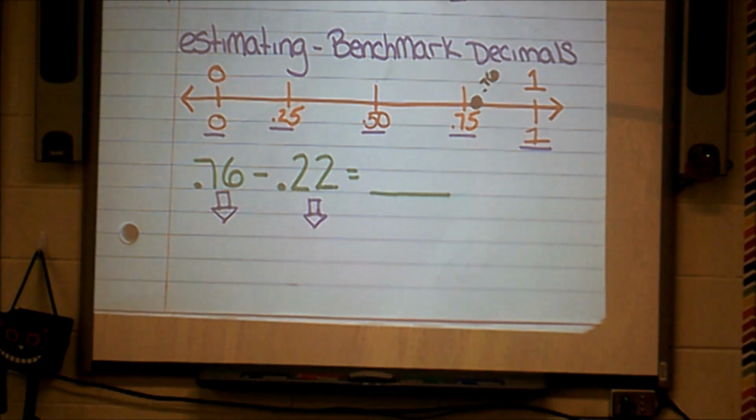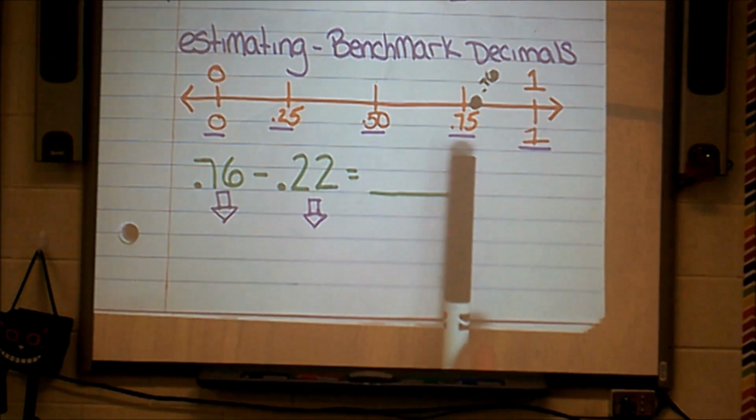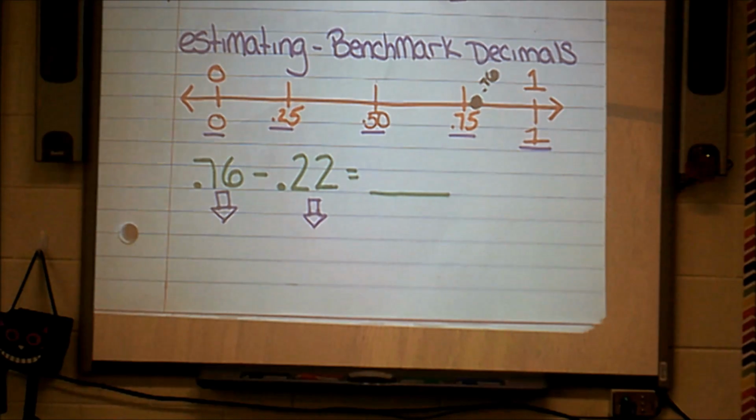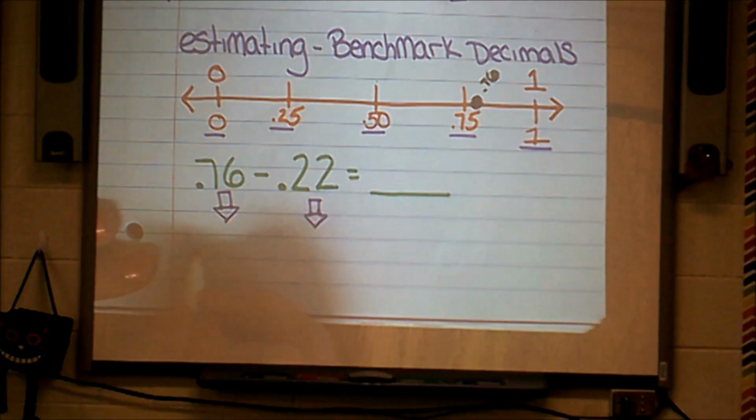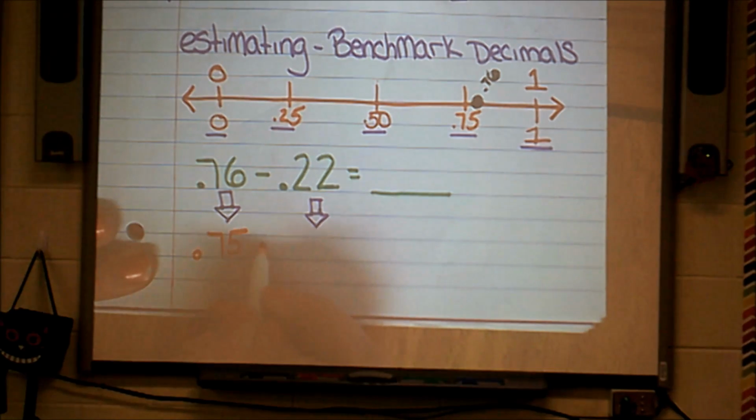Now looking at the dot that I put on my number line, which benchmark decimal is that number closest to? My closest benchmark decimal is obviously my 75 hundredths. It is really close, almost like touching each other. They are like partners in crime, that 76 hundredths and that 75 hundredths. So obviously, my 76 hundredths is going to estimate to 75 hundredths.